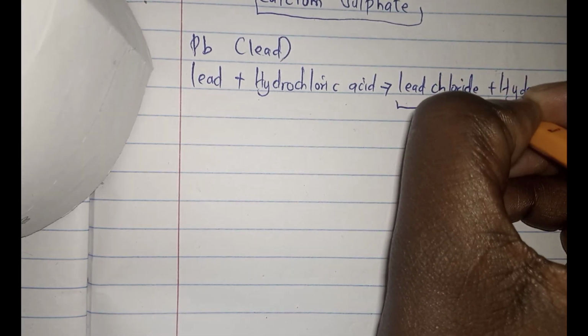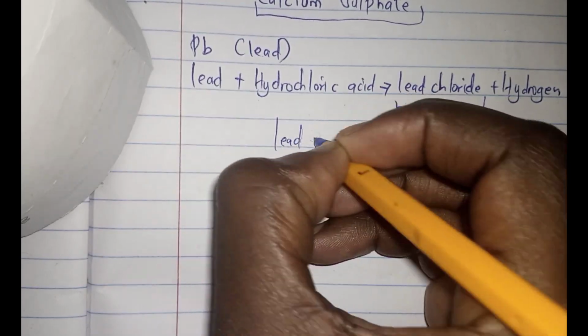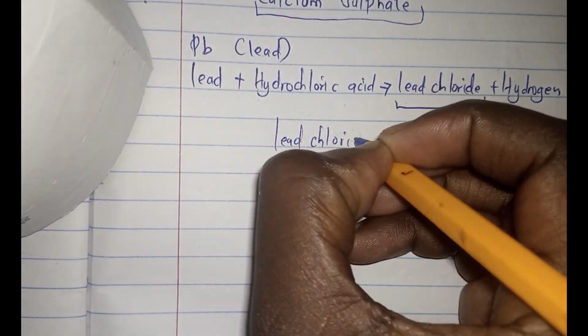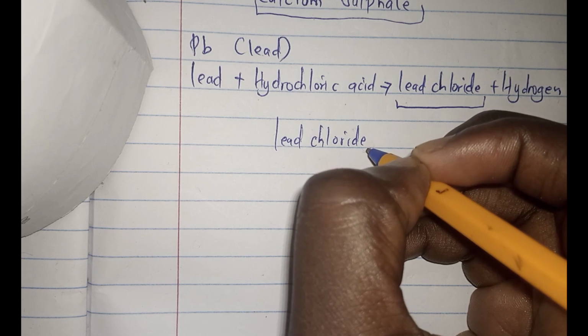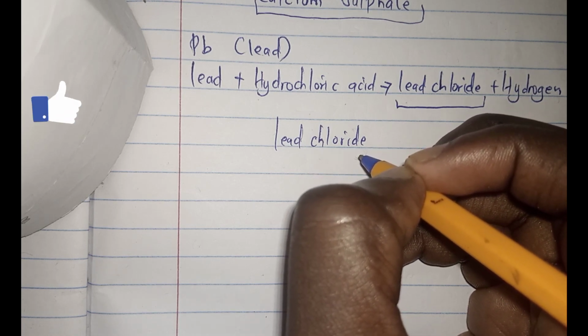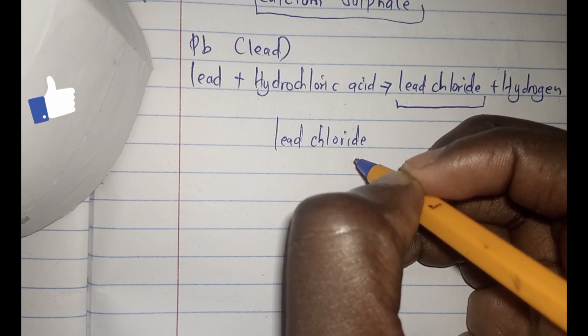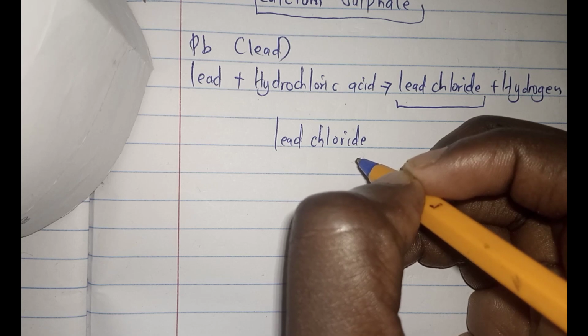Lead chloride is also an insoluble salt. It slows the reaction because it is insoluble. It prevents further reaction. So the reaction eventually stops.